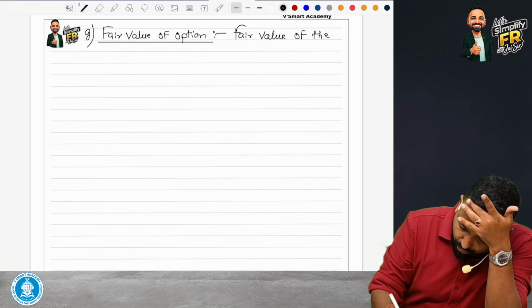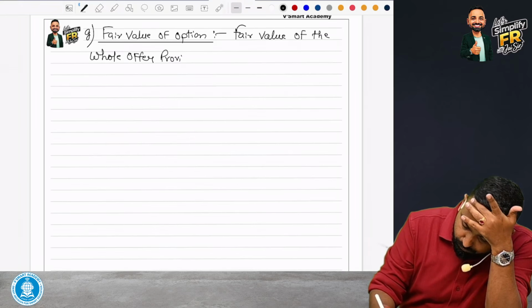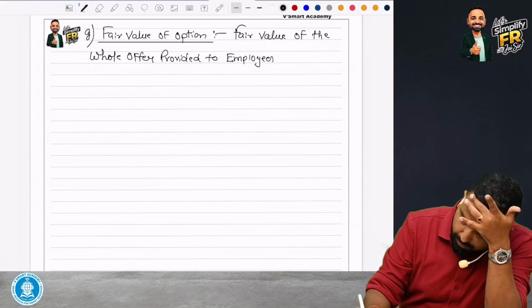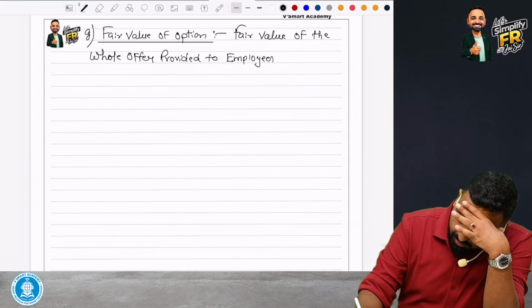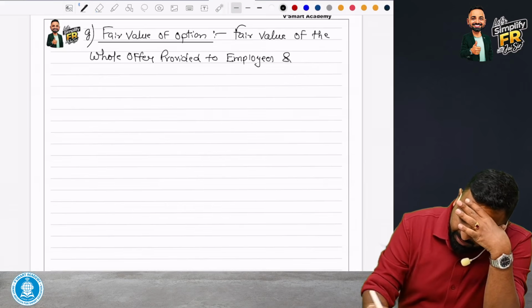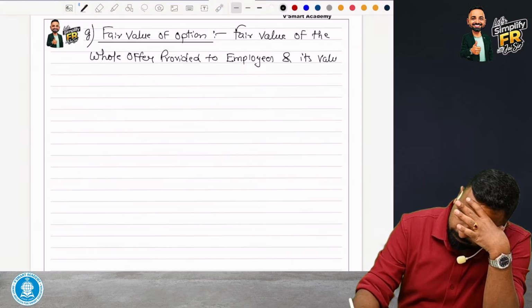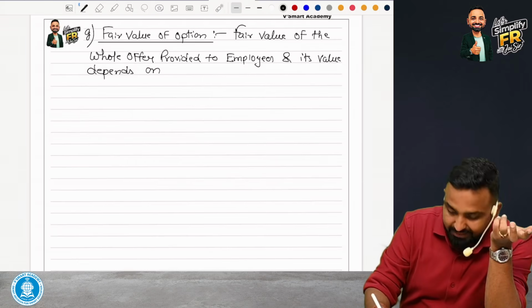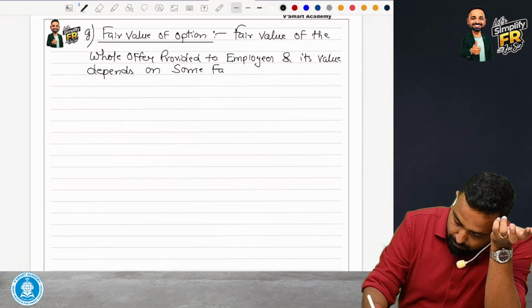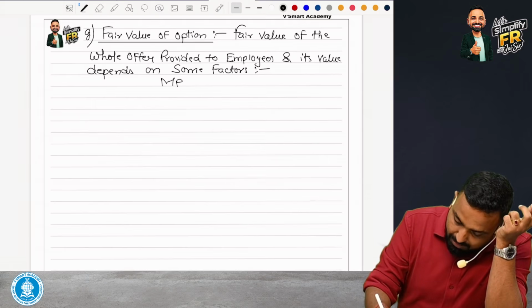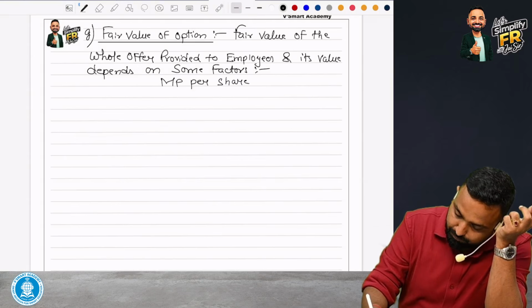fair value of the whole offer provided to employees, and its value depends on some factors. What are the factors? Market price per share is one factor.